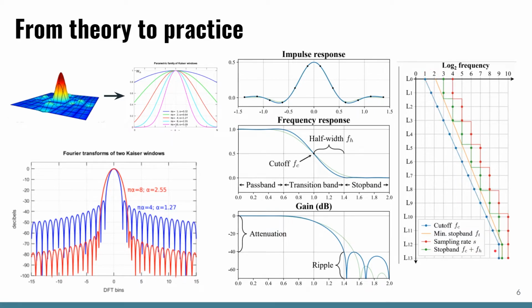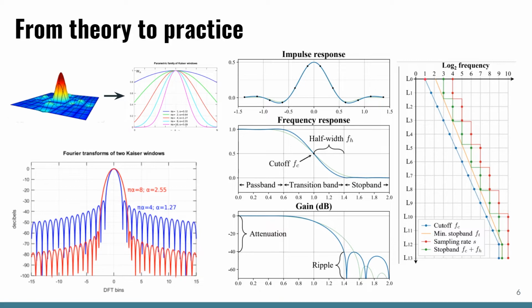And then from that, they said, okay, but our minimum stop band that we allow should also evolve in a certain way. At the start of the network, this yellow line, the minimum stop band, should be far away from the cutoff so that we are absolutely certain that the rippling effects don't have too much impact and that we actually remove all of those frequencies, because at the start of the network there are a lot of layers after the first layers, so the network has basically a lot of time to amplify the signal, and we don't want that.